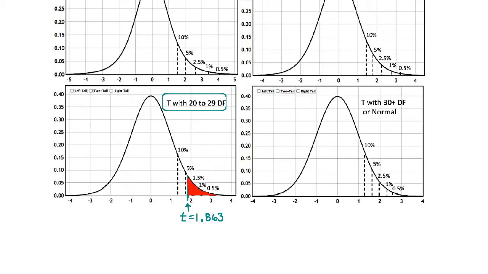From this graph, I can see that we are to the right of the 5% line, so I can tell that my p-value is less than 5%. I can see that we were to the left of the 2.5% line, so our p-value should be more than 2.5%.